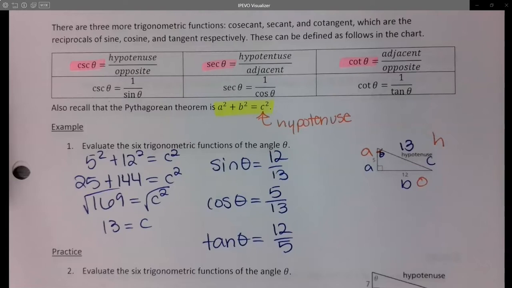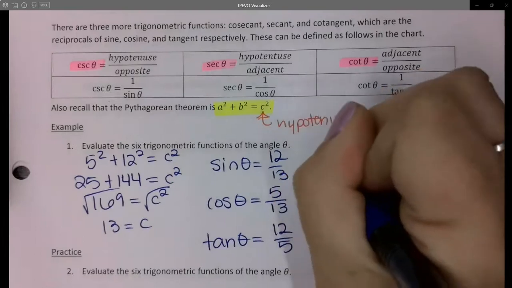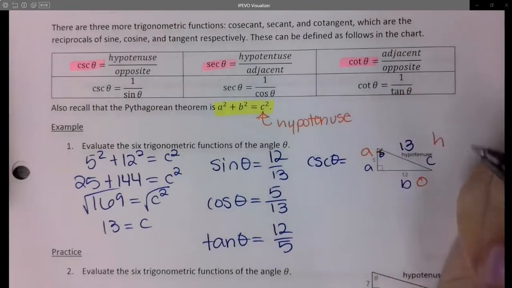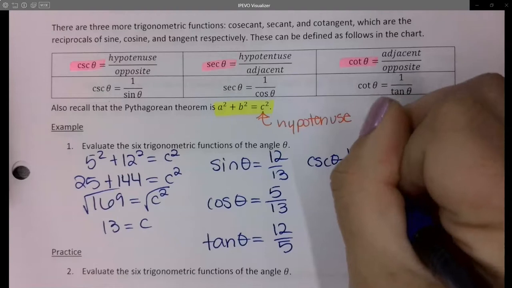Then I have my reciprocal functions. What reciprocal means is I take the fraction and flip it. So cosecant goes with sine. So I'm going to take the sine fraction and flip it.